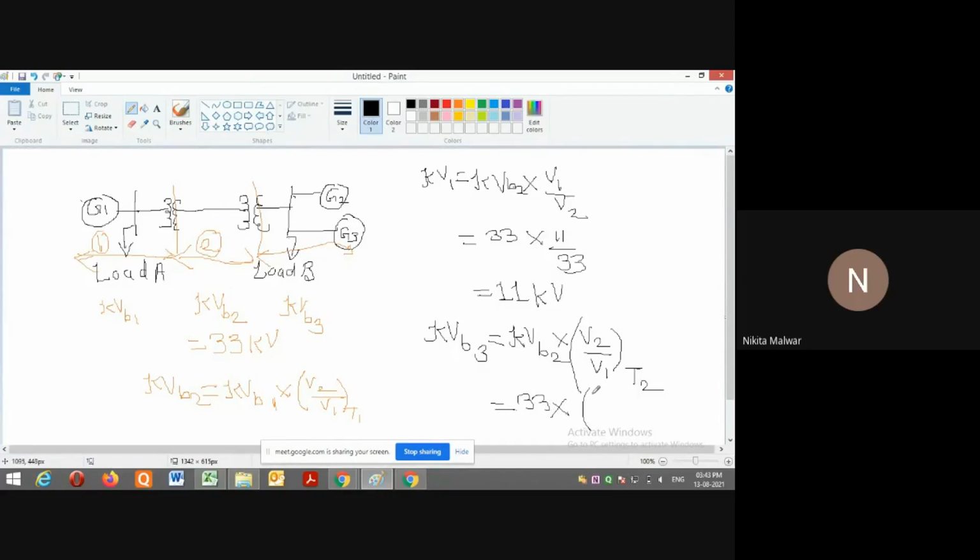What is the value for V2? 6.2 divided by 33. Okay, 6.2 divided by 33. Now tell me the answer for kV base 3. So here your kV base 3 is 6.2 kV.